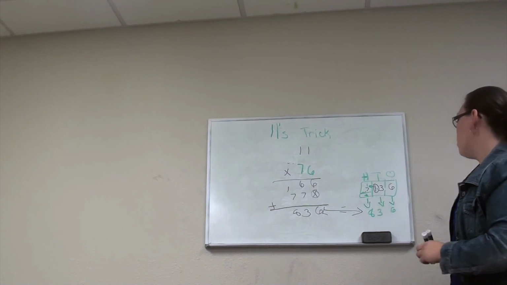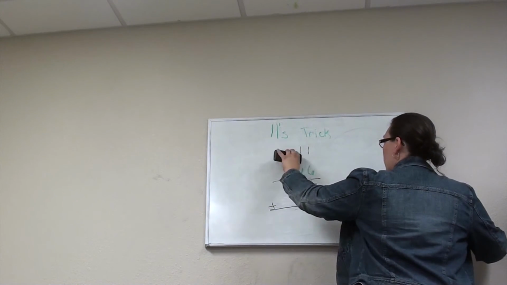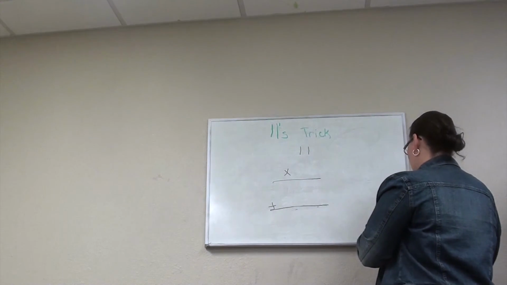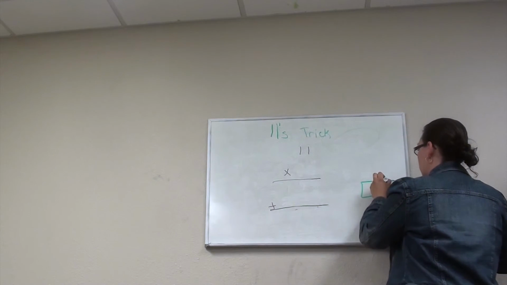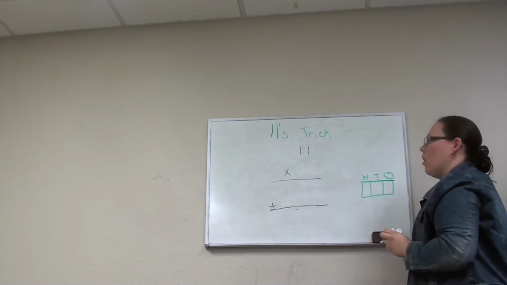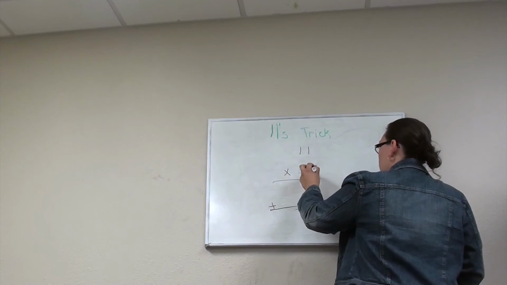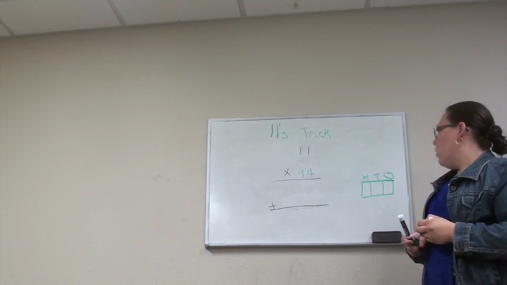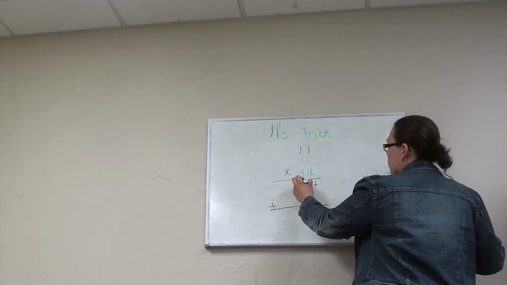Let's go ahead and do a couple more problems. Go ahead and erase that all and I'll rewrite it. Let's go ahead and do 94. 4 times 1 is 4, and 4 times 1 is 4.